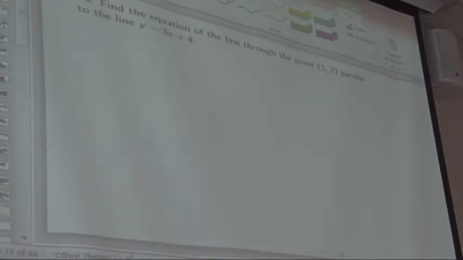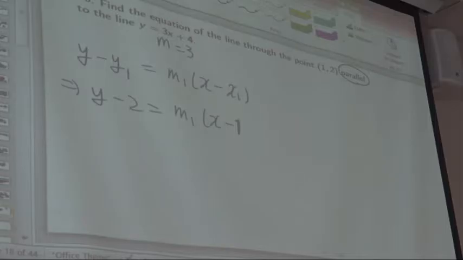And we have a point, and it is parallel. So parallel means if the slope m is 3, then y minus y1 equals m1 times x minus x1. So we have y minus 2 is m1 times x minus 1.